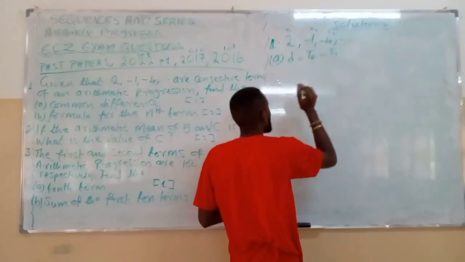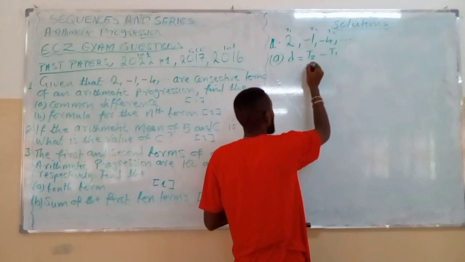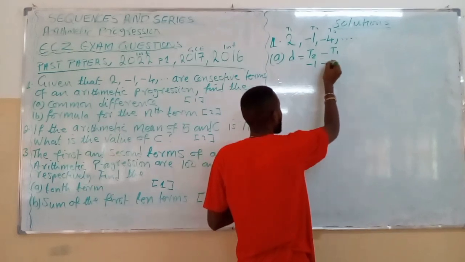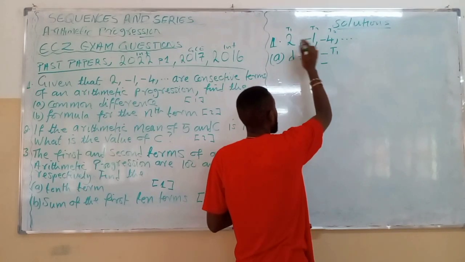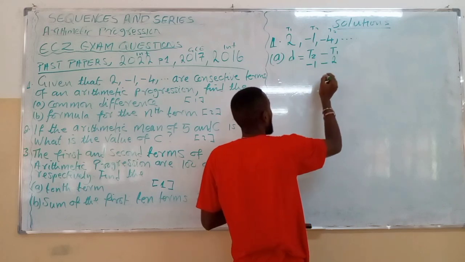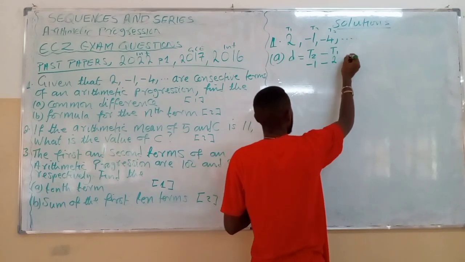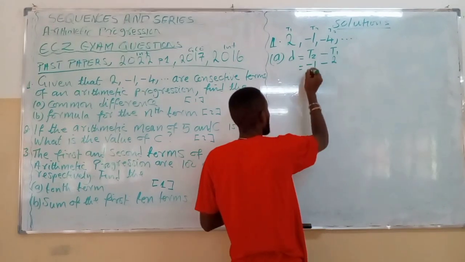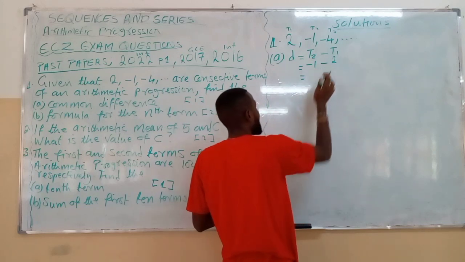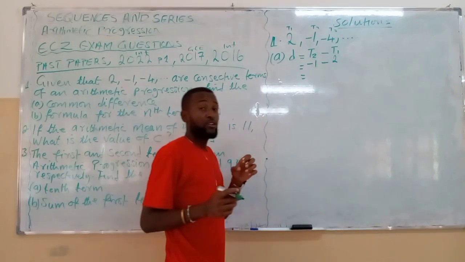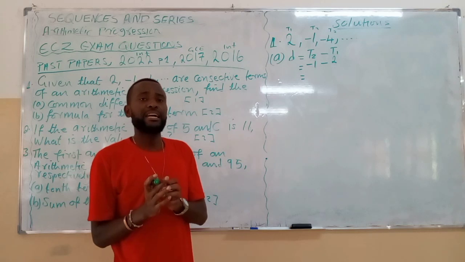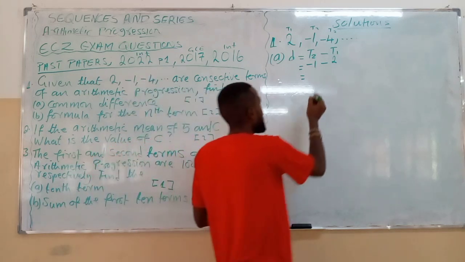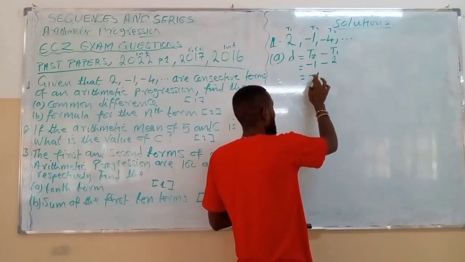So there are 3 terms here. So term 2 is -1 minus term 1, which is 2. So we are going to subtract. This is my common difference. What is -1 minus 2? Remember, keep the sign of the bigger number and add.